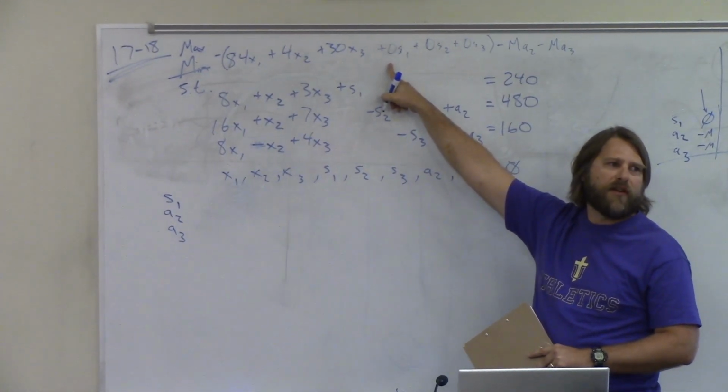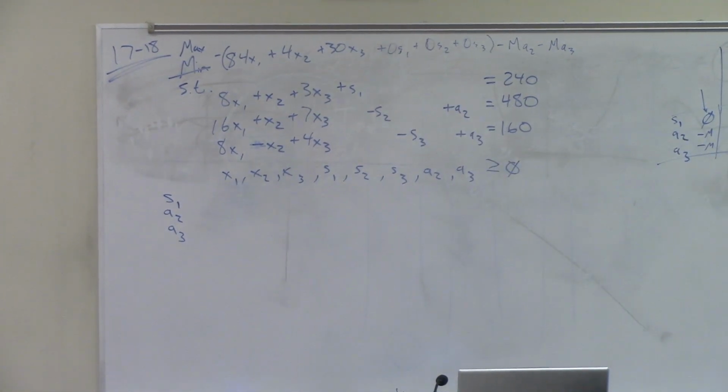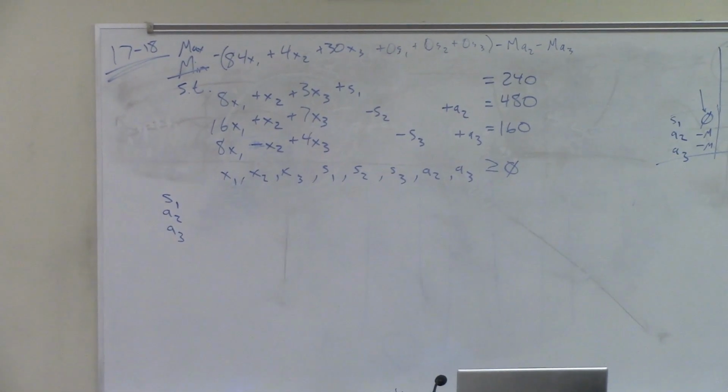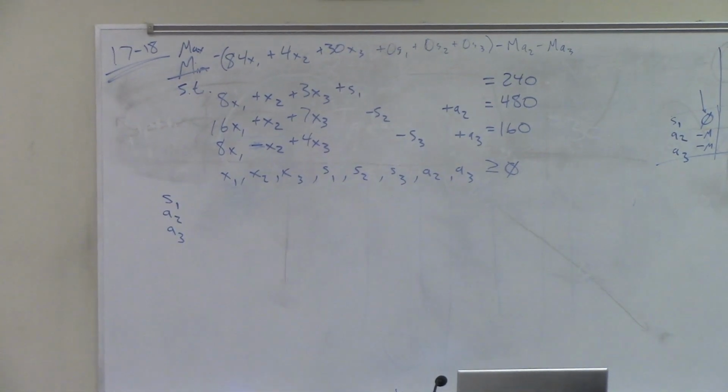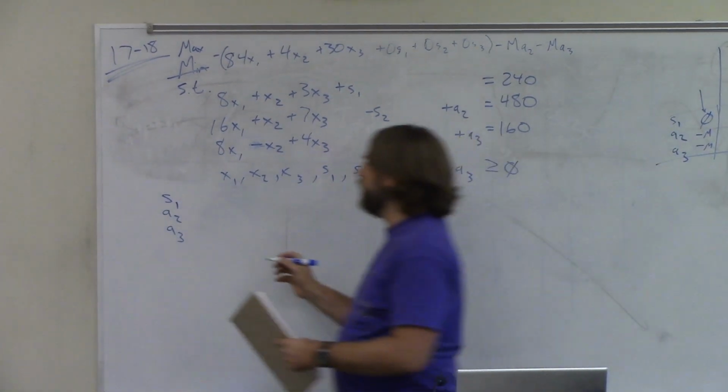And they're different. Okay? So S1 starts off, we have to go all the way to the right-hand side of our simplex and look at it, and that's going to be our 240. That's what S1 starts out as. A2 starts out as 480, and A3 starts out as 160 right here. Okay, those are what our current guess is when we initially start off.